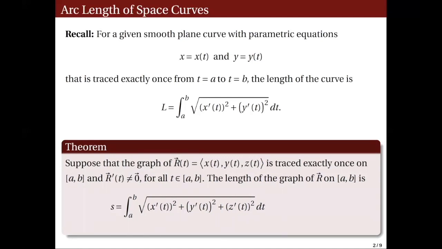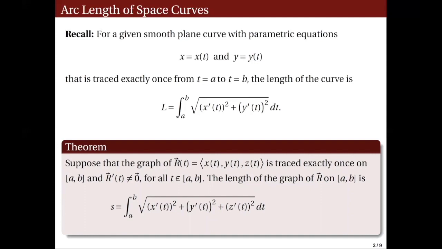We can compute the length of the arc on this curve on the parameter interval a to b using the formula integral from a to b of the square root of x prime squared plus y prime squared plus z prime squared with respect to t. Observe that the formula is very similar to that in two-dimensional space, except that we add a third component or a third coordinate.